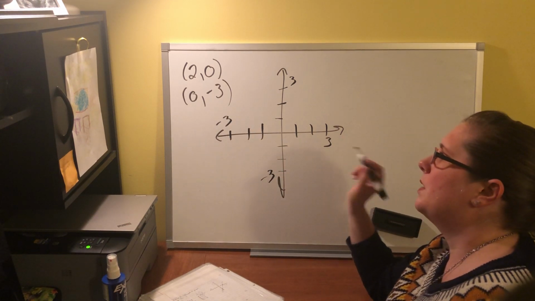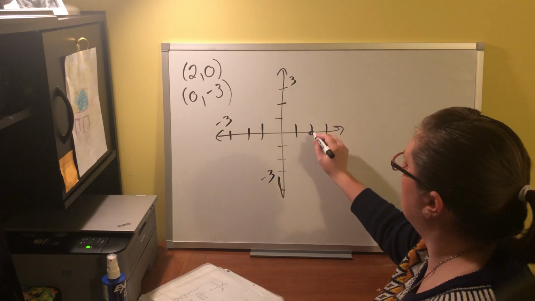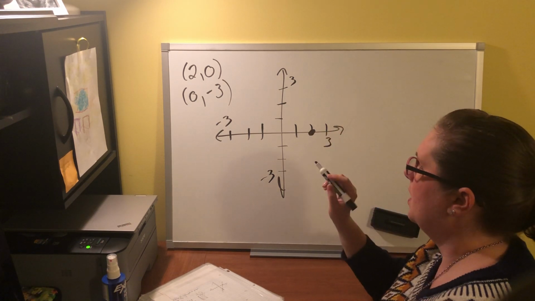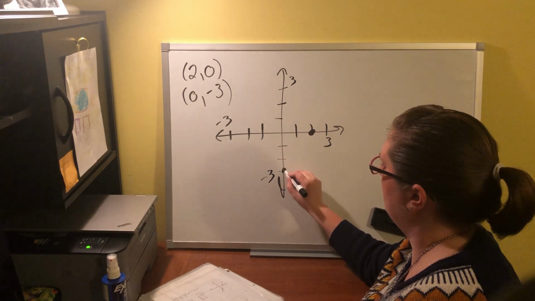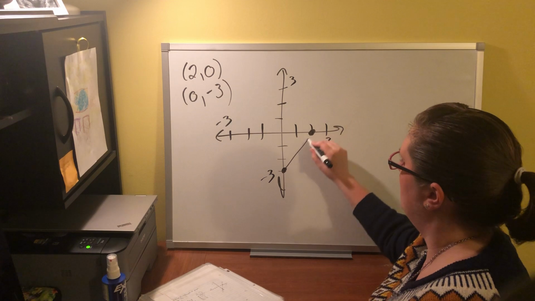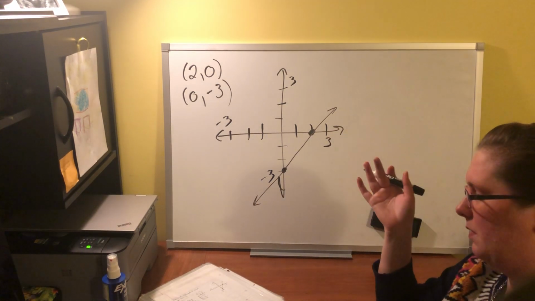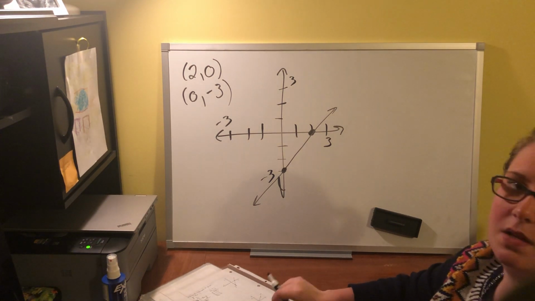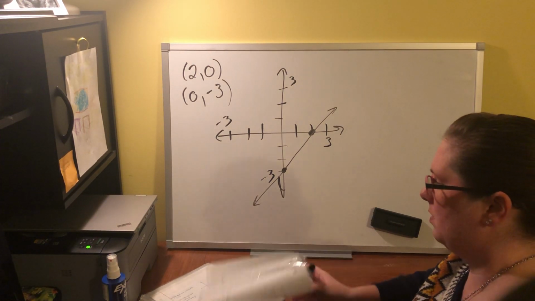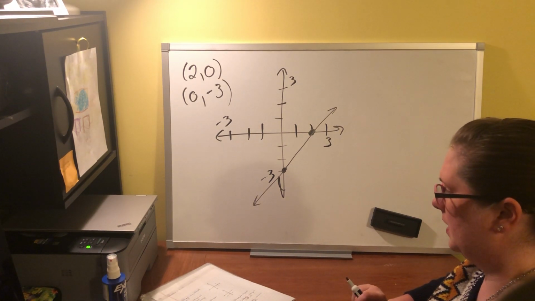All right, so now we have 2, 0, right? 2 is telling you to go right 2, 0 is telling you to go up and down 0, and then we have 0, negative 3, so it's telling you to go right and left 0 and down 3. So there are our 2 points, right? Connect the dots, extend the line, add the arrows, everything that we have already done before, okay? There's another one of those in the notes as well, if you are struggling with that, okay?